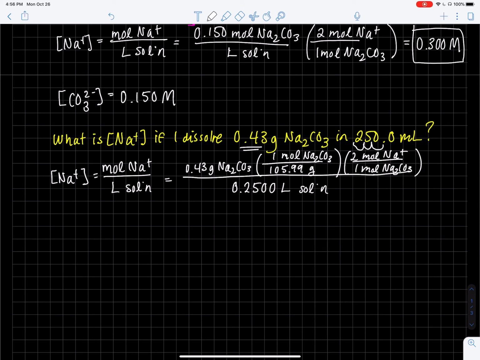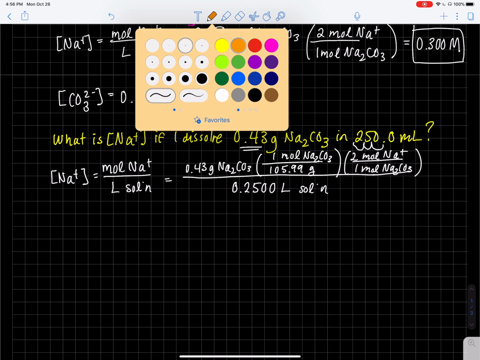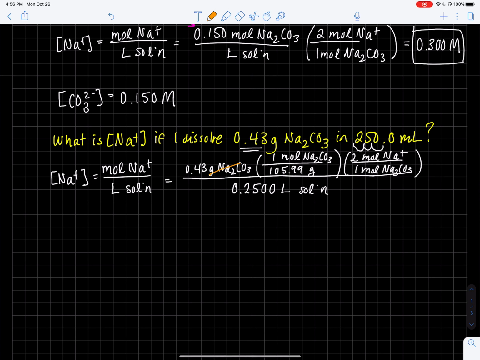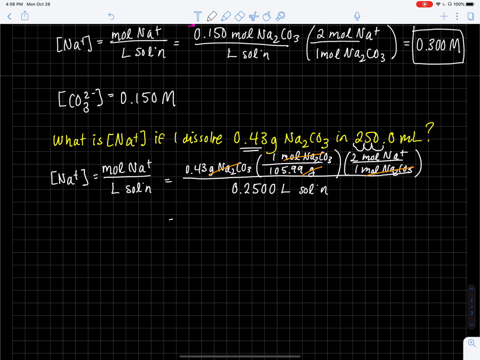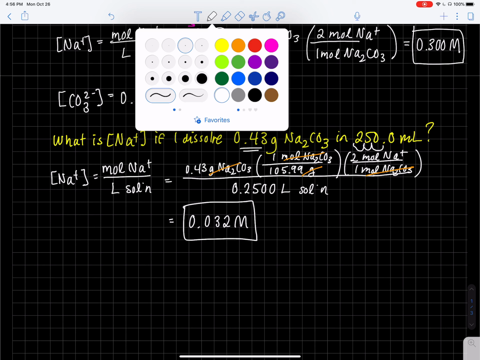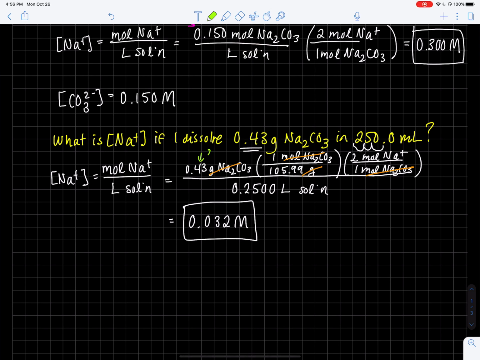So now I'm all set. I'll just show you that my units will cancel out. I have grams sodium carbonate, moles sodium carbonate, and I end up with moles of sodium over liters of solution. And the final answer I got was 0.032 molar is the concentration of sodium plus. I have 2 sig figs because I was limited by my 2 sig figs here.